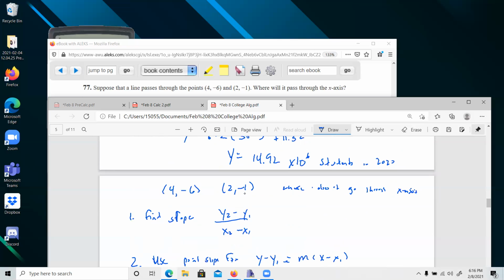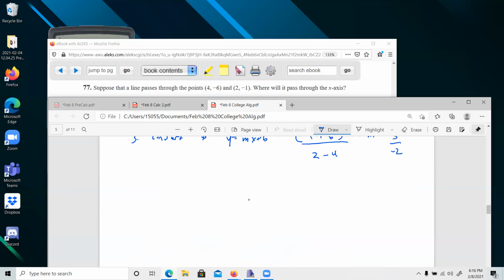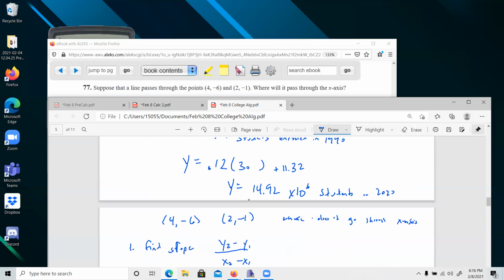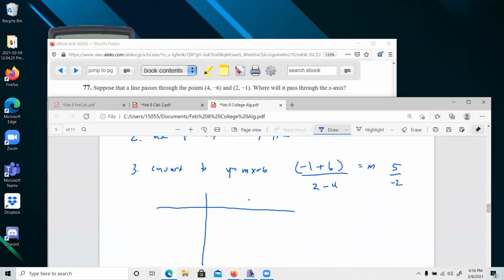But what if we go ahead and just graph this? We have (4, -6), which is in quadrant 4, and (2, -1), which is in quadrant 4 as well. Here's my graph.